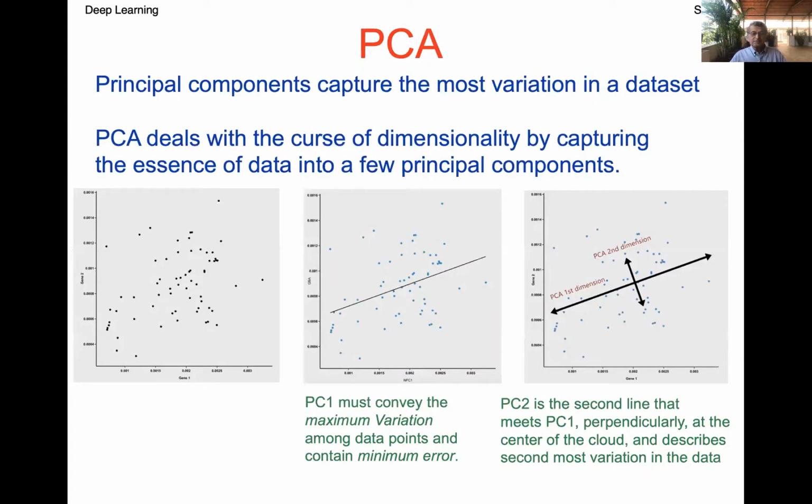Here is one more example of principal components analysis. On the left side is 2-dimensional data, gene 1 and gene 2. Something was measured, and we have data scattered all over. We can ask the question, can we represent all of this data in 1 dimension? Can one value capture it instead of 2?